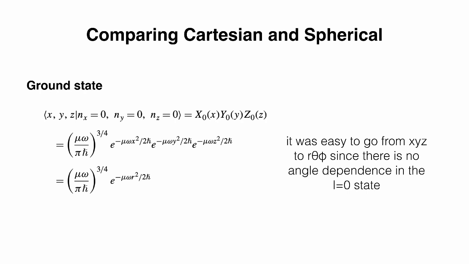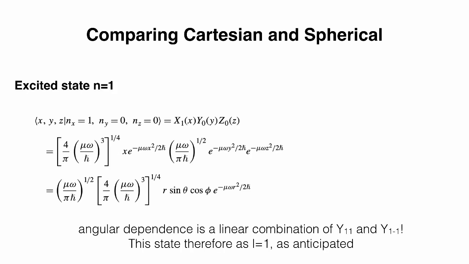This is an L equals 0 state. There is no angular dependence, so it's a spherically symmetric state, and this is exactly what we would expect for nr equal 0 and L equal 0, which is exactly what we have here. And of course, we can look at an excited state, for example, the one that corresponds to one quantum along the x direction, so nx equals 1, ny equals 0, and nz equals 0.